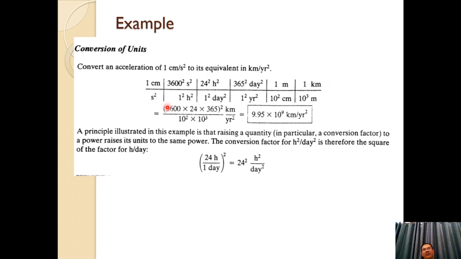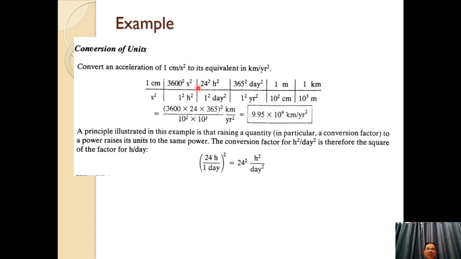First, you change from second to hour. You know, 1 hour equal to 3.6 thousand seconds. Since the unit of second is squared, the value is also squared and the unit also squared. This is the first conversion factor, from second to hour.